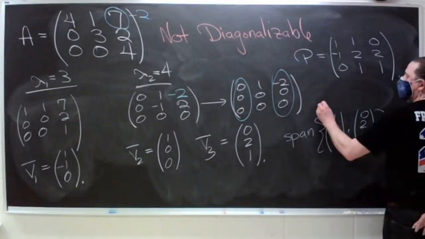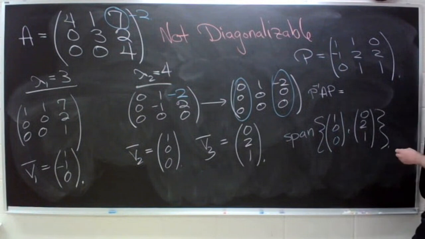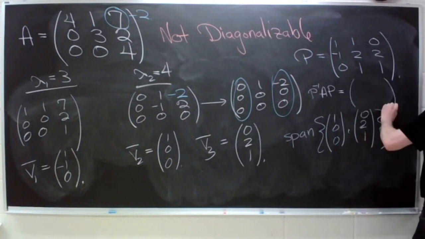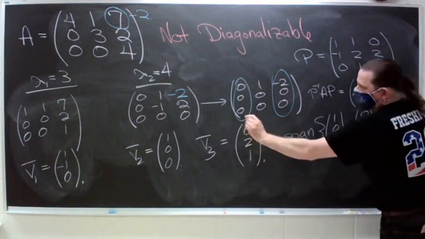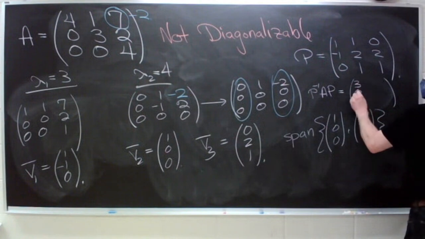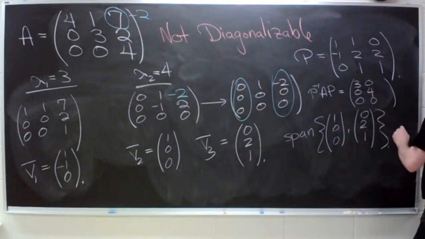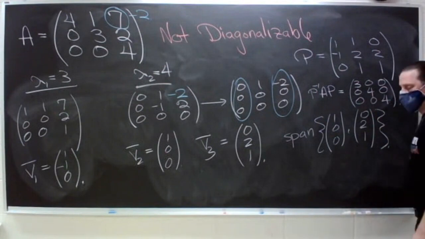So I could say P inverse AP would be, well, it's the eigenvector associated with eigenvalue 3 first, then eigenvalue 4, then eigenvalue 4 again.